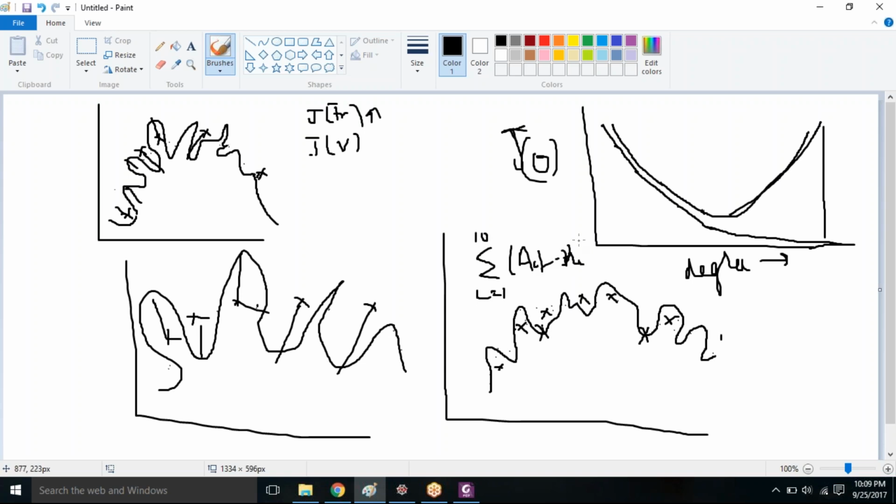So when you sum it, the total error will increase because of the fluctuation in the degree. You can say, how can you say that on the validation data it is not going to fit? Because it may happen that on the higher degree the validation data is also fitted.